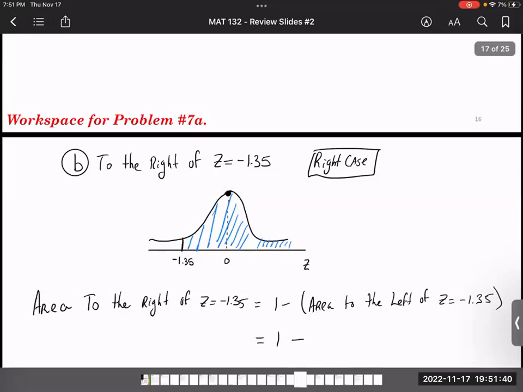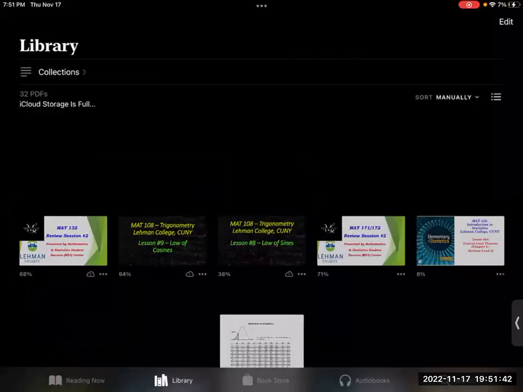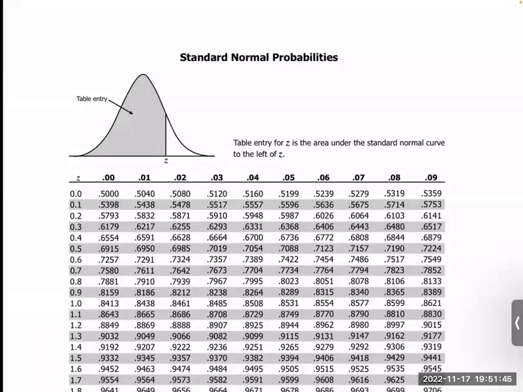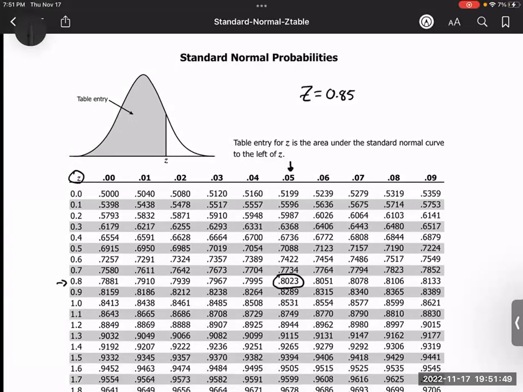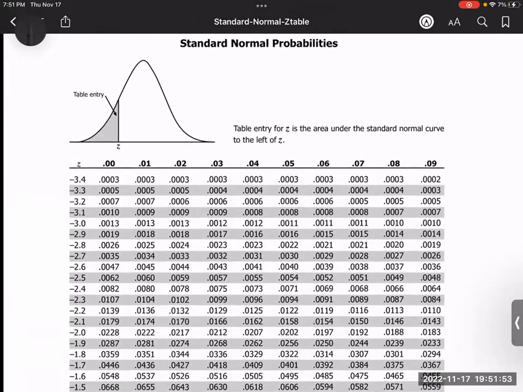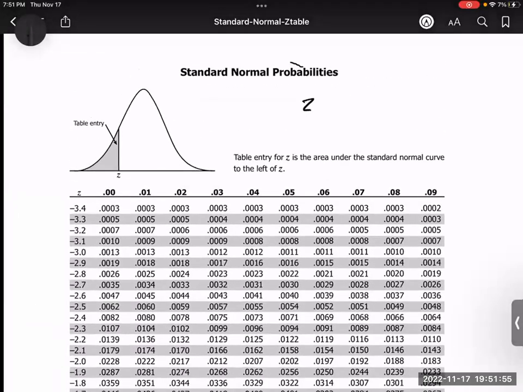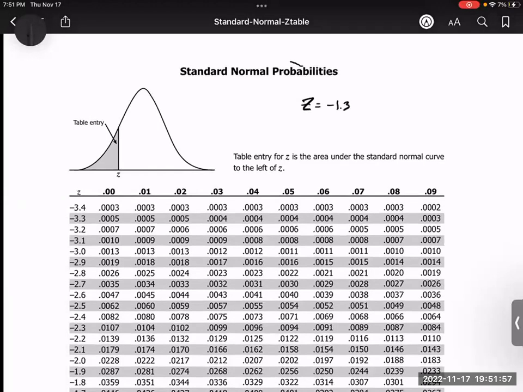Then I come back here. So I'll be right back. We're going to go to our z table. We have two sides of the z table, but of course you look at the negative side. So it's z equals negative 1.35.